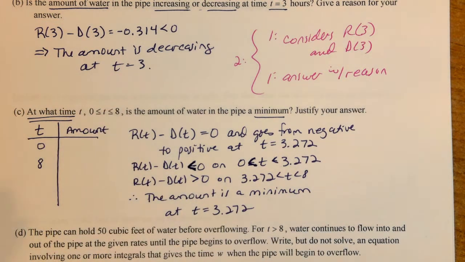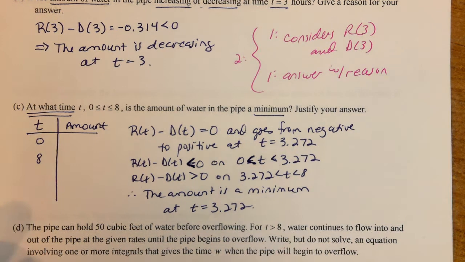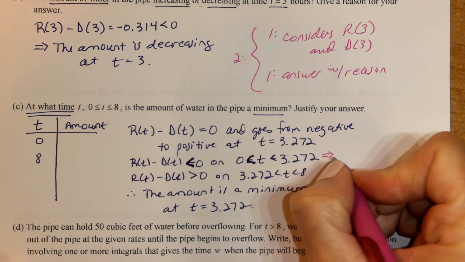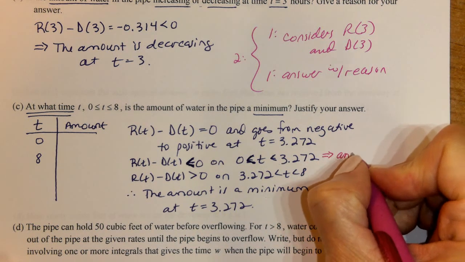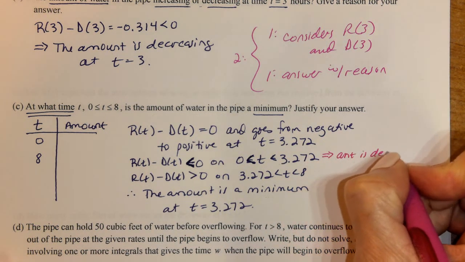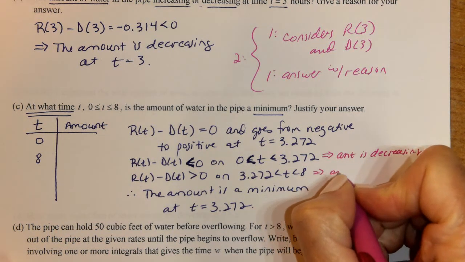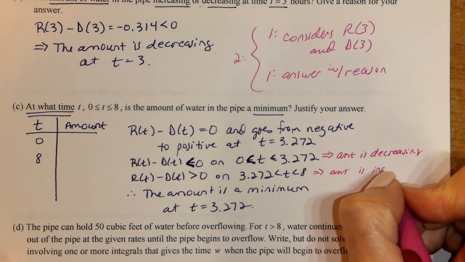And they only asked for the time. They did not ask for the amount. We could have found the amount using the fundamental theorem, but we didn't have to here. So I'm just going to leave it there. Now, if you want to, you can also include here, therefore, the amount is decreasing, and therefore the amount is increasing.